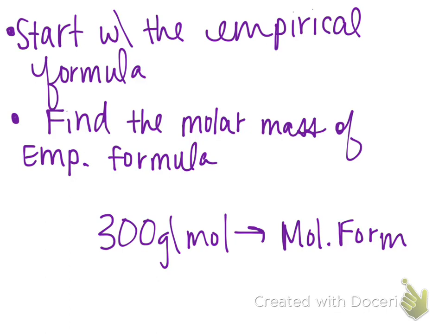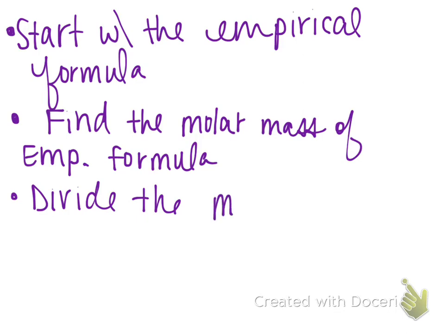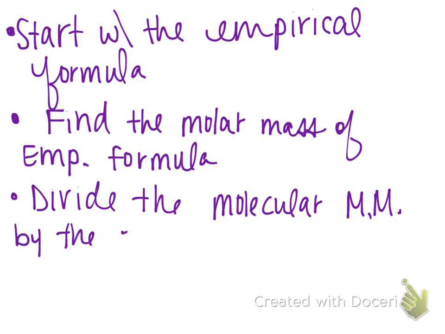So once we find the molar mass of our empirical formula, our next step will be to divide. Basically we're going to take the molecular molar mass. Okay, so MM just stands for molar mass. Divide the molecular molar mass by the empirical molar mass.